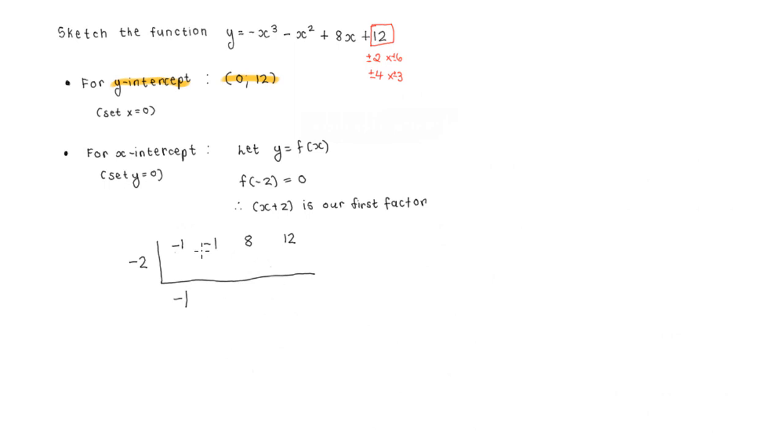Now you are actually ready to start the process of synthetic division, and this is how it works. This first factor comes in and multiplies whatever is at the bottom. So you're going to have minus 2 times minus 1. The result of that gets written underneath your next coefficient.